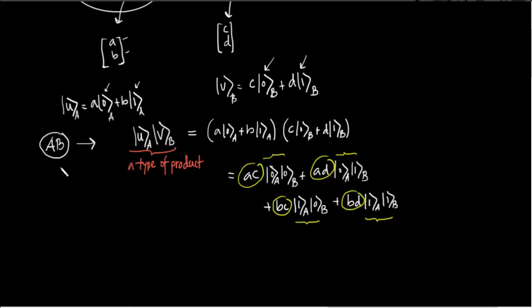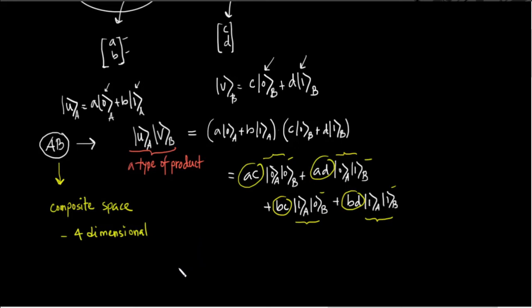We can think of this as a product space, or a composite space. This composite space is actually four-dimensional. Why four-dimensional? Because we need four basis vectors to express any vector in this composite space.